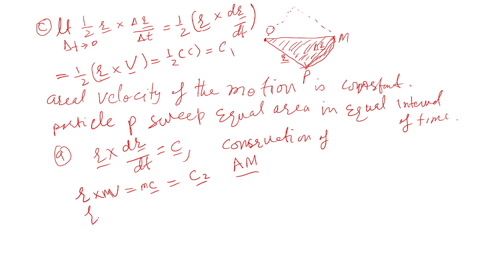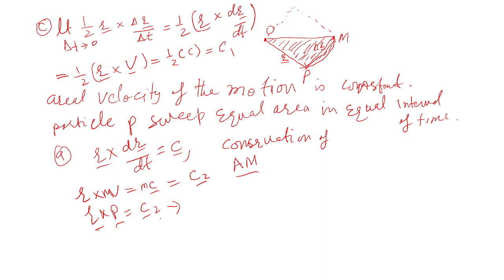This is r cross p, which is a constant vector. That means conservation of angular momentum. So the conservation of angular momentum holds in the dynamics of the equation given in this problem.